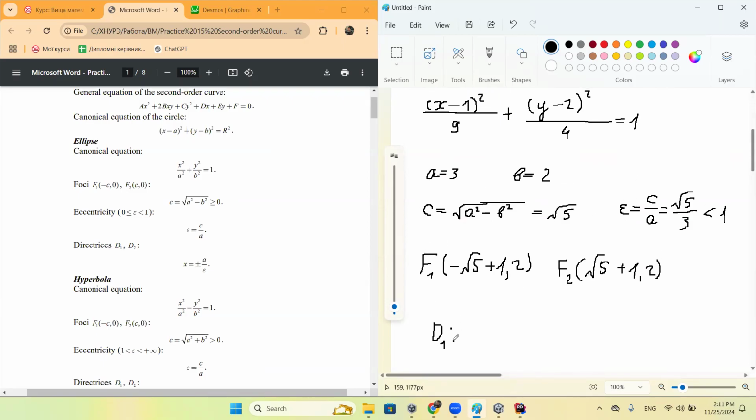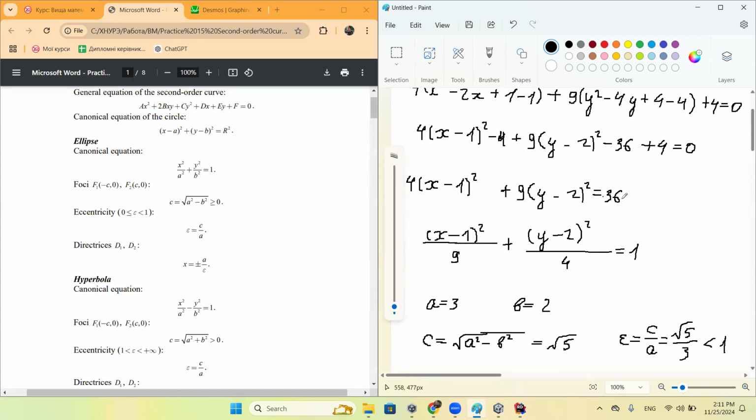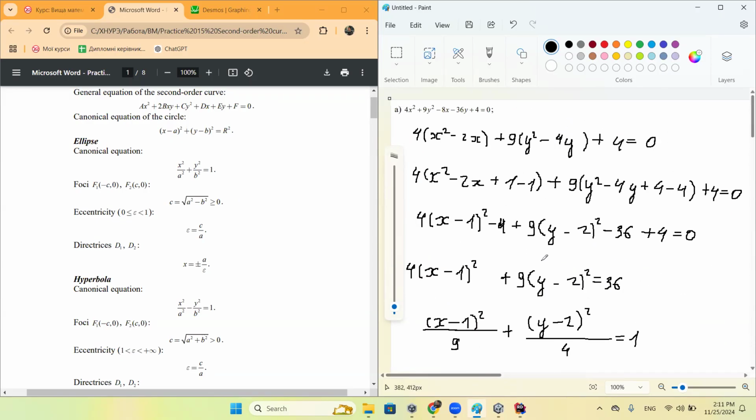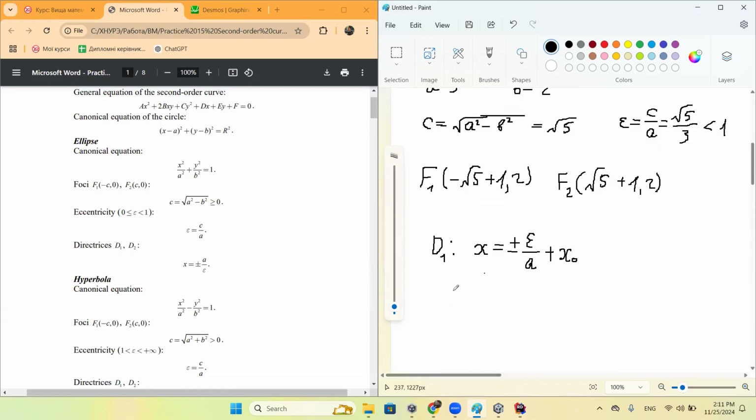So for directrix D1, x equals plus minus epsilon by a plus x0. So plus 1, this coordinate of the center, 1, 2.